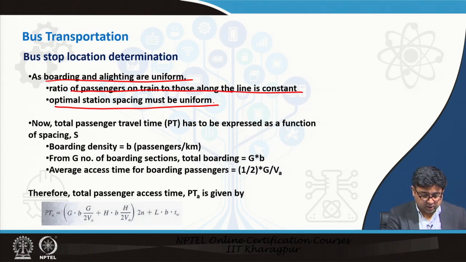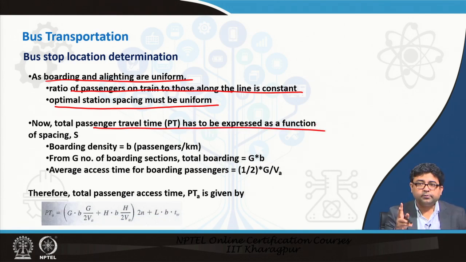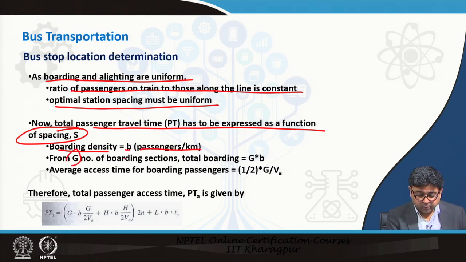Okay. Now, the total passenger travel time, as you know, consists of two parts, access time and the travel time on the line. So, that has to be now developed in terms of spacing. Let us go ahead and look at how that is done. If the boarding density is B, already we looked at passengers per kilometer, and there are G number of boarding sections, we looked at GK and HK, right.